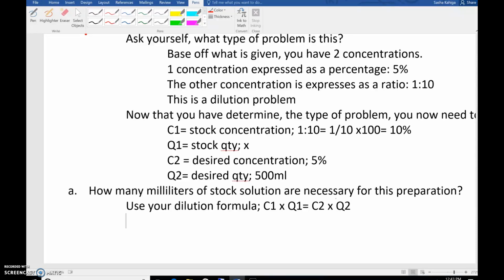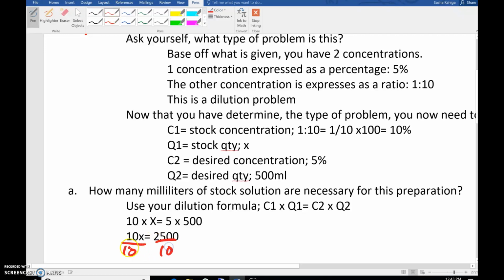So my C1 is 10, my Q1 is X, equals my C2 is 5, and my Q2 is 500. So that's 10X equals 5 times 500, which is 2,500. Make sure that my answer is right. You are going to divide 10 on both sides. Let me go ahead and use my pen here. You're going to divide 10 on both sides.